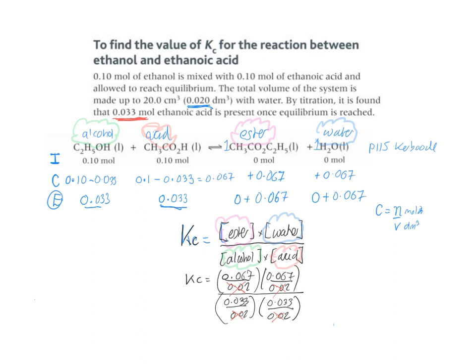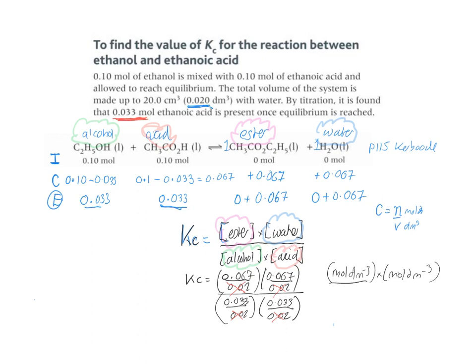But it's not just the volumes that cancel out. If we put in the units, we know the units for Kc for concentration are moles per dm cubed. So on the top we've got moles per dm cubed times moles per dm cubed.